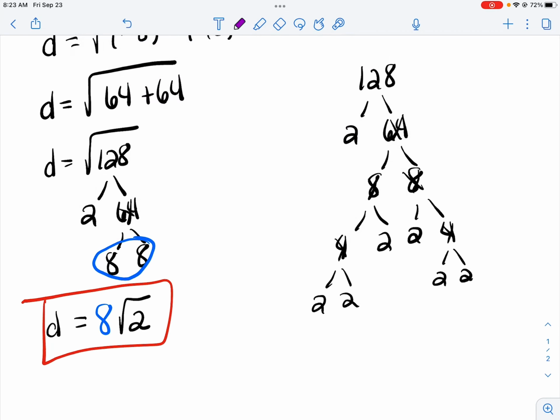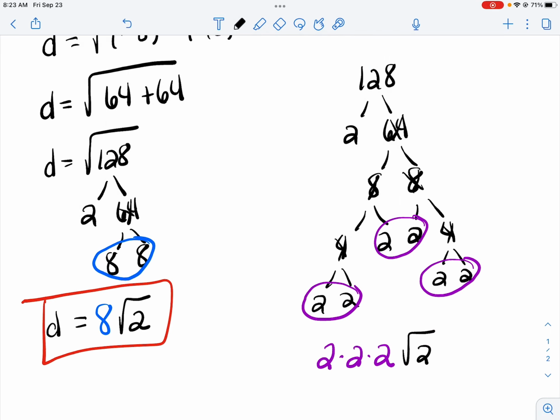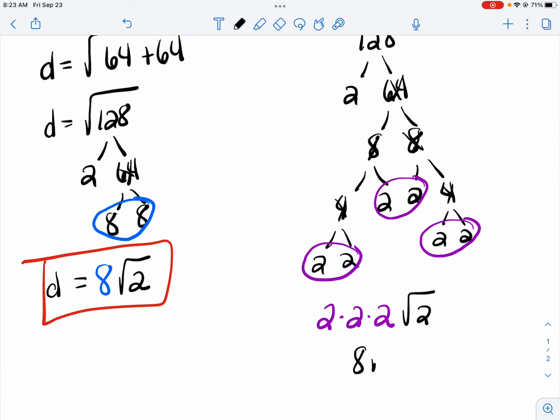And so I have a pair of 2s, a pair of 2s, and a pair of 2s. So I'd have 2 times 2 times 2. And then I have a 2 that's still left underneath that root. And you still get 8 square roots of 2. The only reason I stopped here is because I already saw that I had a pair, and so I didn't have to break those 8s down further.